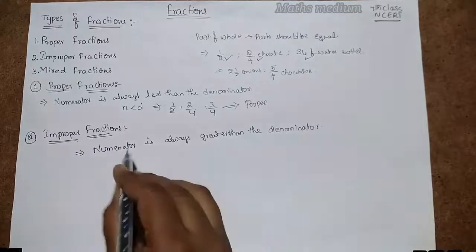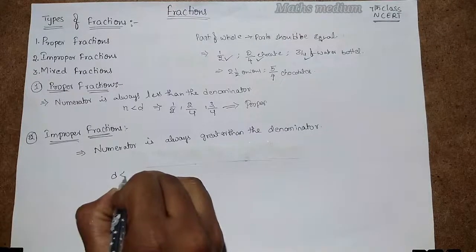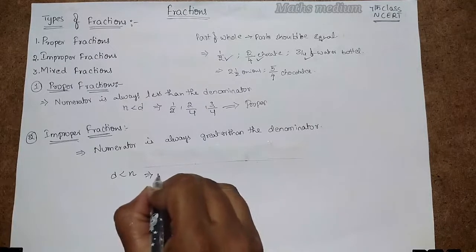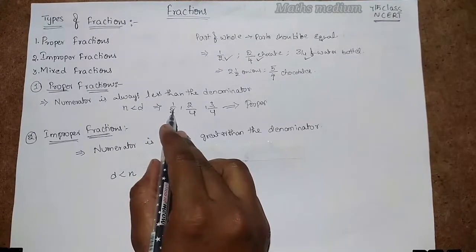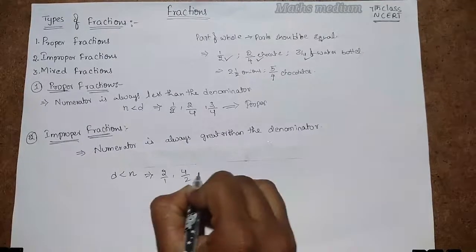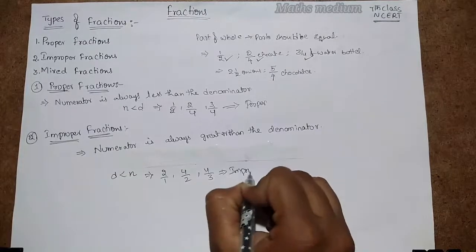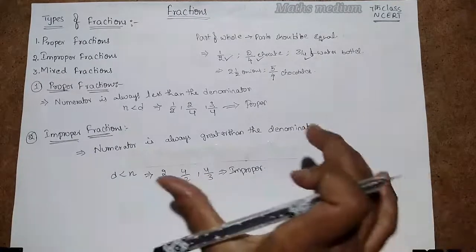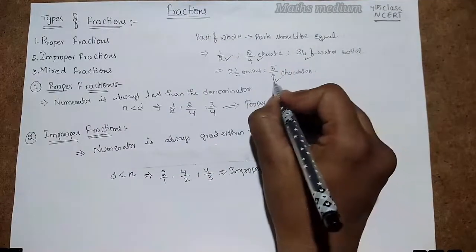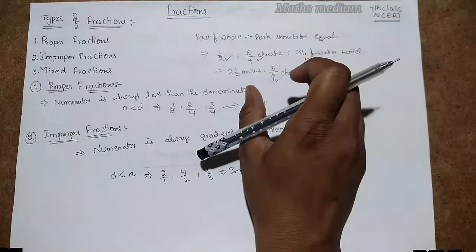It means the denominator is less than the numerator. So it can be represented simply vice versa to the proper fraction. So it is 2 by 1, 4 by 2, 4 by 3, etc. You can tell it as an improper fraction for easy observation. Observe here, this is an improper fraction, so the denominator is less than the numerator.